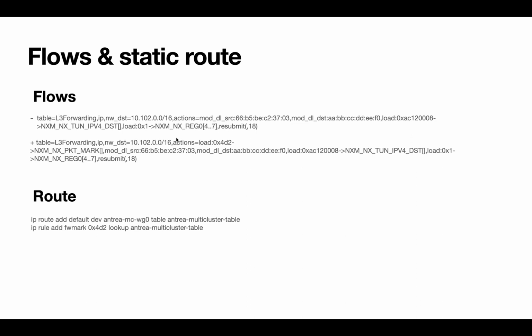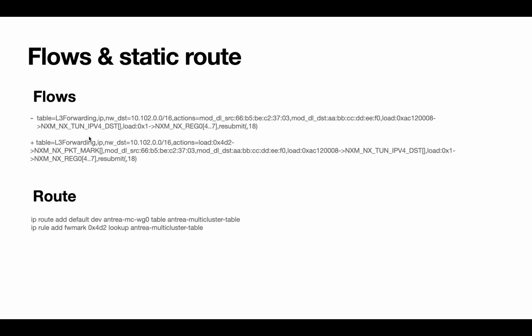This is the previous flow, and this is the current flow. The difference is just this action. We will load a value to a packet mark register. If we enable WireGuard, we should mark the packet as a WireGuard packet. So we should add a mark. That's the only difference between the old flows and the new flows.